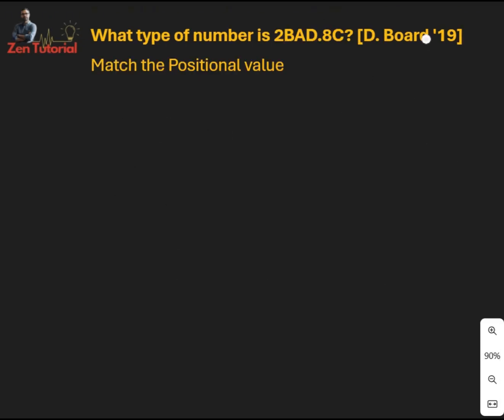So the question talks about 2019, what type of number is this one? So there is actually BAD.HC. So this is hexadecimal, there is no doubt. Hexadecimal, so the base is 16.